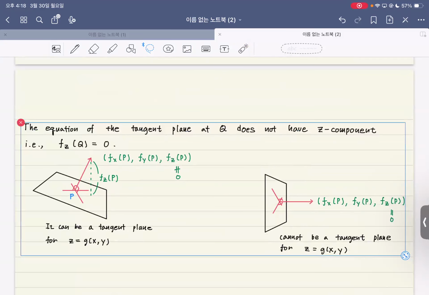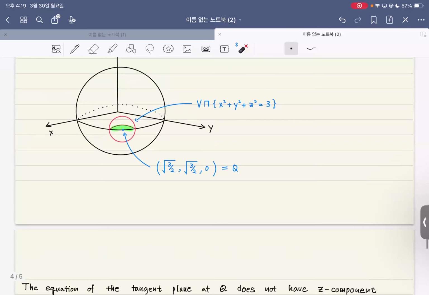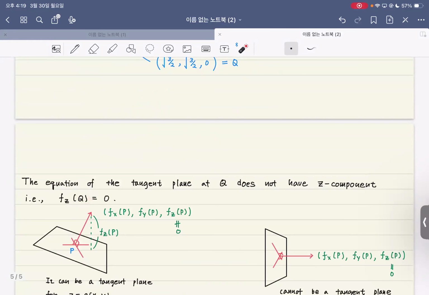I have prepared many pictures. An equation of a tangent plane. This is the point Q, I'm going to name this point Q. At this point, the tangent plane at Q does not have the z component.